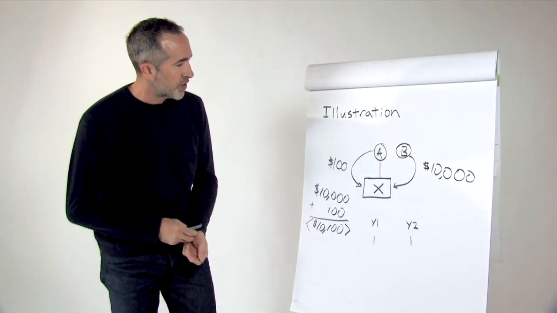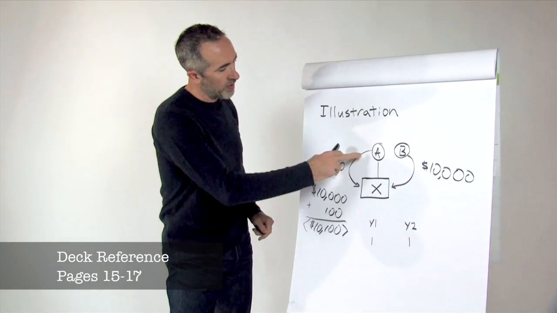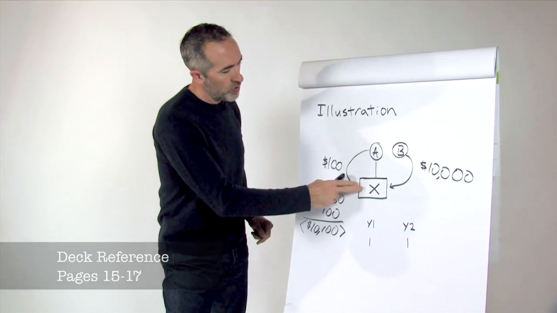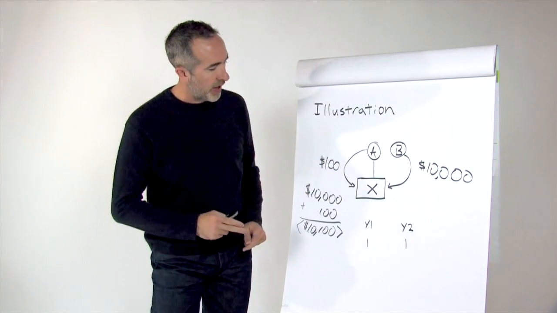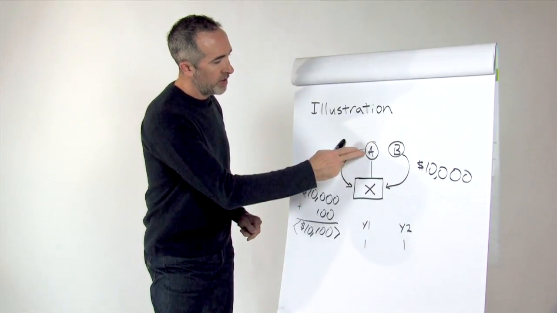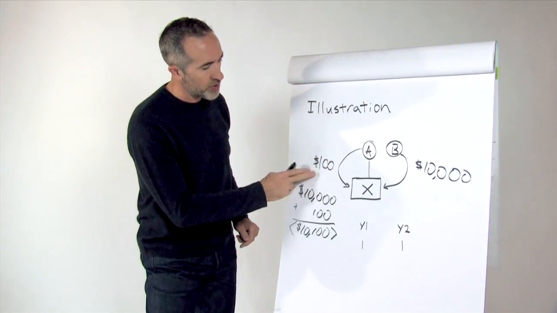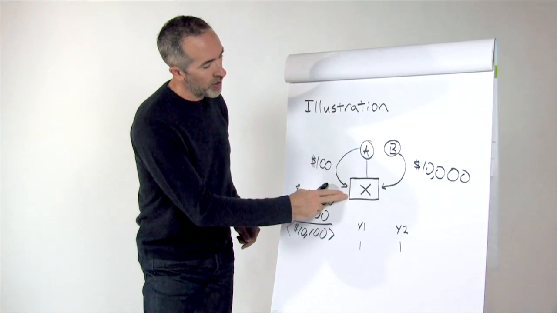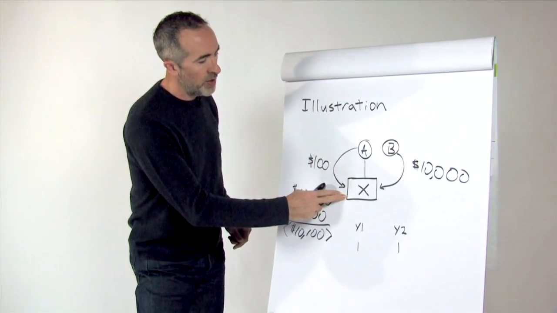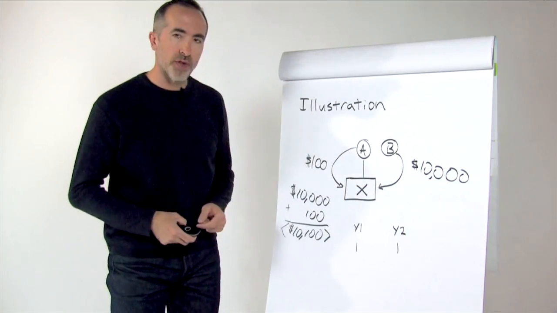In this illustration, we assume that A owns X corporation and in year one contributes $100 to the equity of X corporation to fund its very initial expenses.